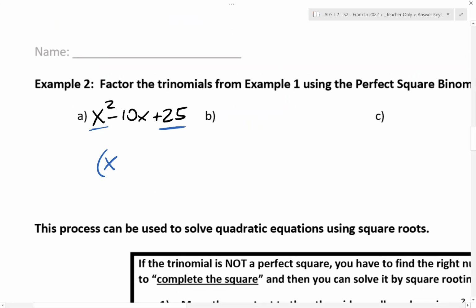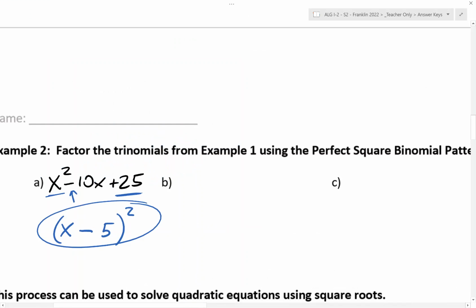The square root of 25 is 5. The negative sign here gives us a negative sign here, and then it's just squared. So x minus 5 squared is the factored form of that trinomial.